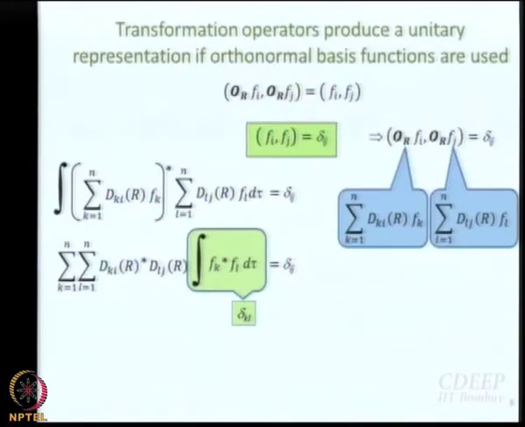And when I write integral f_k f_L d tau, life becomes a little simpler. Why? Because I am using orthonormal basis functions, right. So, this is what it becomes. That is the dot product of orthonormal basis functions, that is also Kronecker delta, right. Kronecker everywhere.